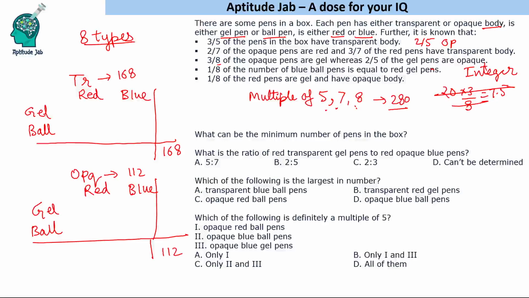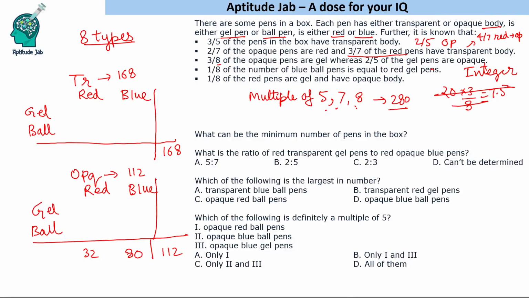2/7 of the opaque pens are red. So 1/7 of 112 is 16, and 2/7 is 32. So opaque red pens are 32. And 3/7 of the red pens have a transparent body, which means 4/7 of red pens are opaque, since there are two types of bodies.